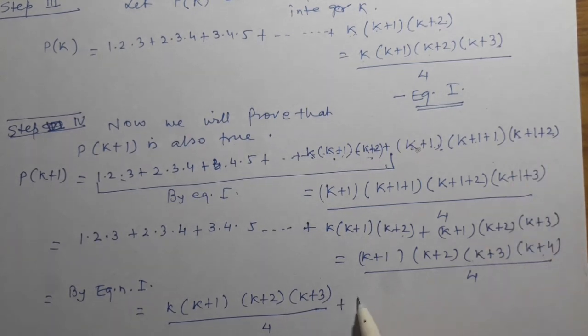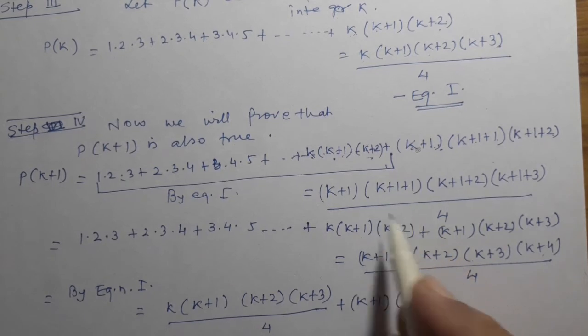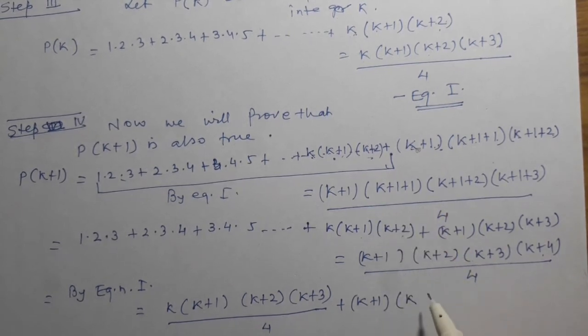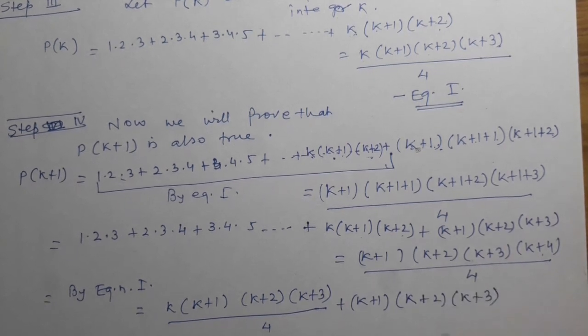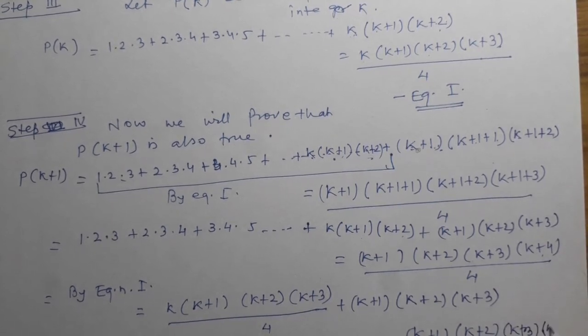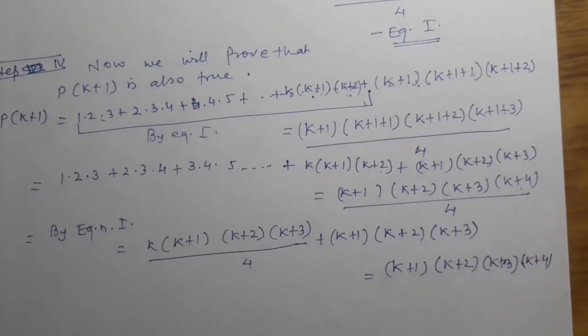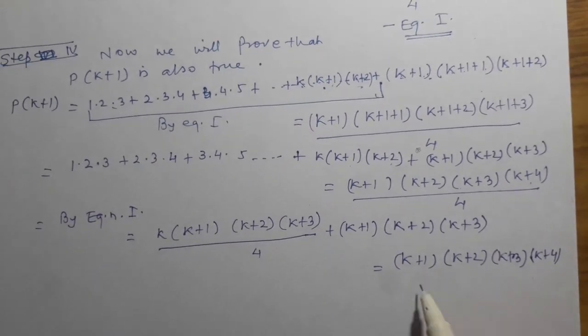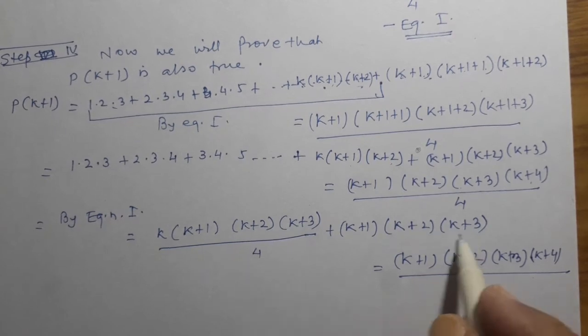So plus k plus 1, k plus 2, k plus 3 will be equal to k plus 1, k plus 2, k plus 3, k plus 4 by 4.